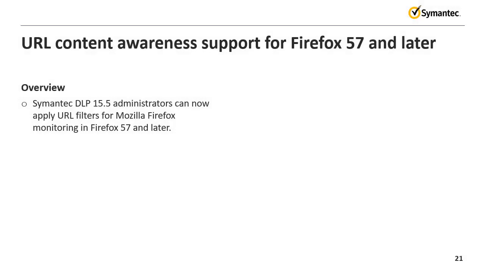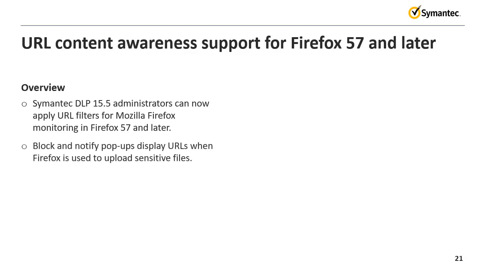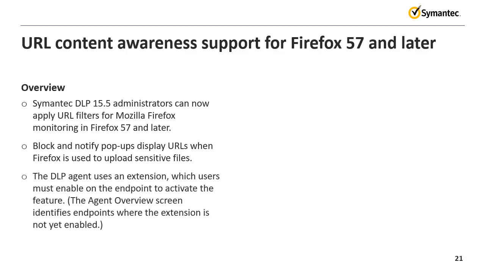Symantec DLP 15.5 administrators can now apply URL filters for Mozilla Firefox monitoring in Firefox version 57 and later. Block and notify pop-ups display URLs when Firefox is used to upload sensitive files. This feature uses a browser extension that communicates with the DLP agent.